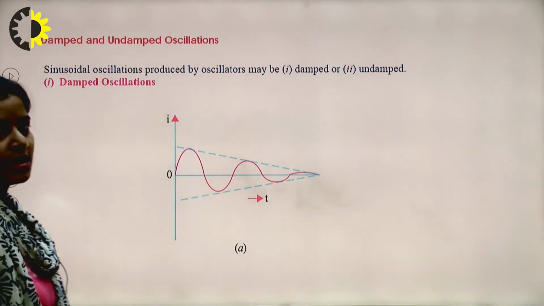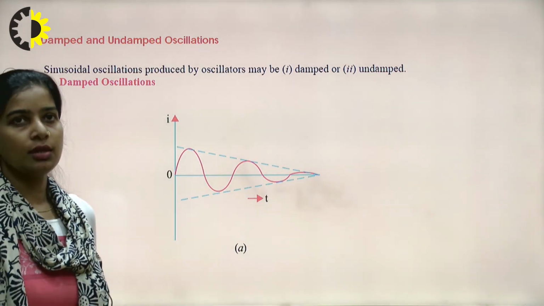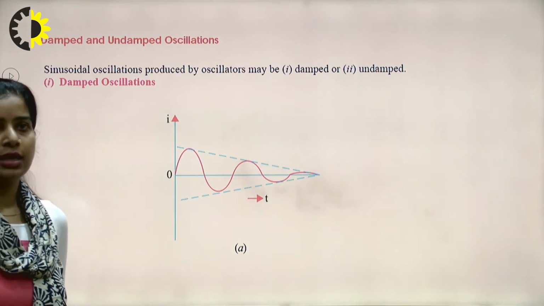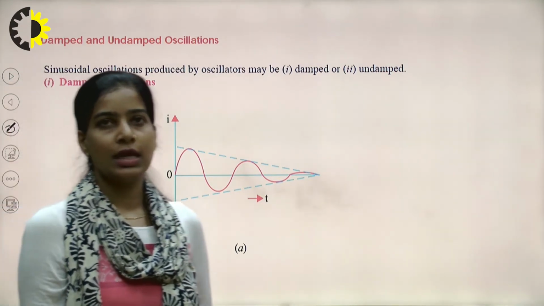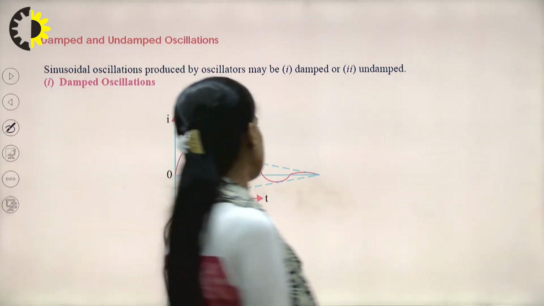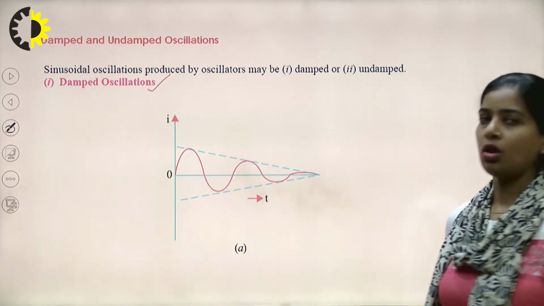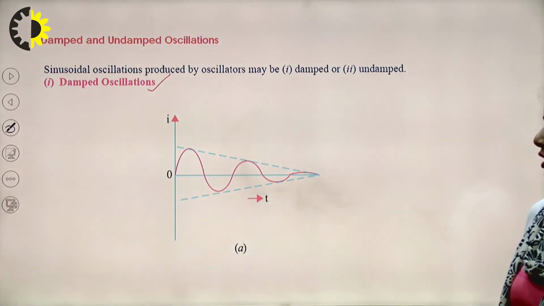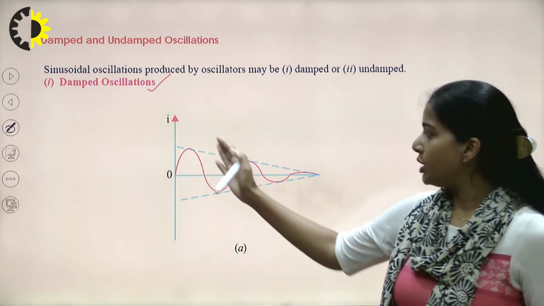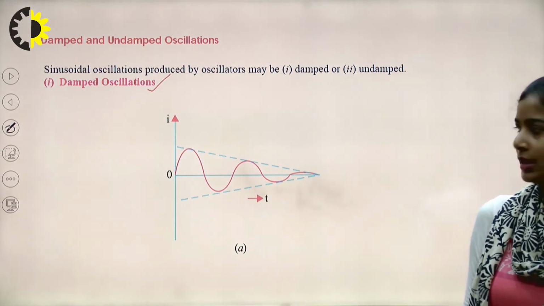The oscillations in an oscillatory circuit can be damped oscillations or undamped oscillations. The oscillation shown on the screen is the damped oscillation. A damped oscillation is one where the amplitude of the waveform decreases with time.